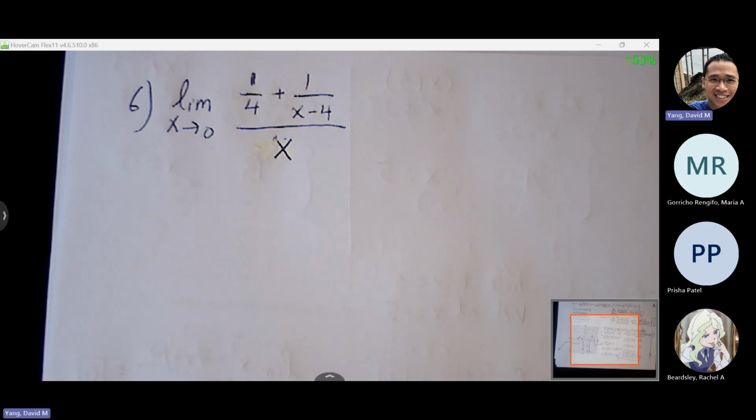Direct substitution first. If you get 0 over 0, then you can focus on what to do with that numerator to merge it into one fraction.